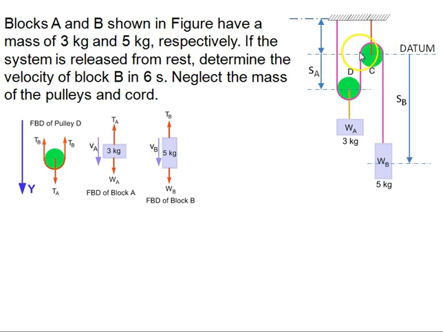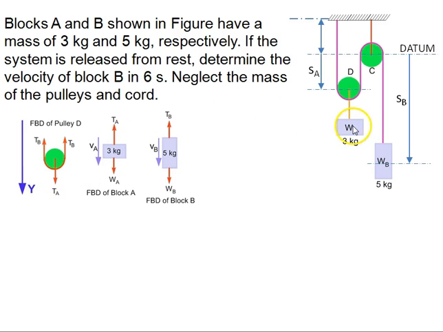So again, we assume no friction in this angle of contact. With that assumption, tension in this entire cord is constant, that we are showing as TB. TB force here and TB force here, and then one tension here are the forces acting on the pulley D.